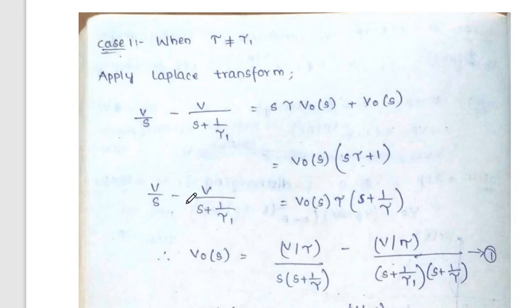Therefore, V by S minus V by S plus 1 by tau 1 is equal to, here V0 of S is common, therefore take V0 of S as common, so tau S plus 1. Again, take tau as common on the right hand side, therefore V0 of S into tau into S plus 1 by tau.